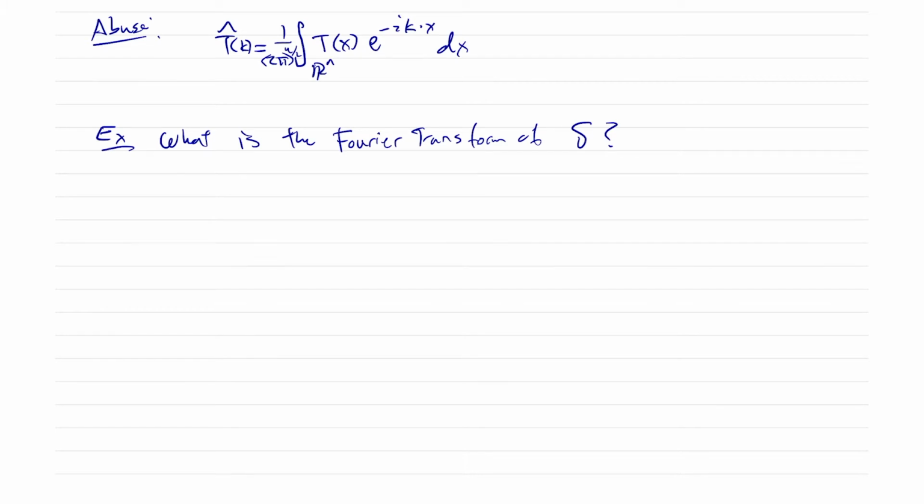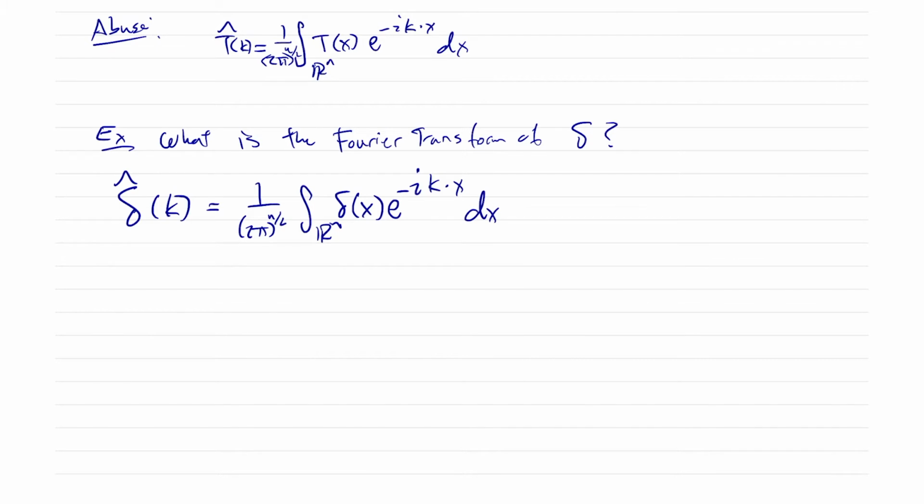And so you can ask, what is the Fourier transform of delta? Well, I'm going to say delta hat at k should be equal to 1 over 2 pi to the n over 2 integral over Rn of delta of x times e to the minus i k dot x dx. Now this is not even a dual for our Schwartz space, because this isn't a Schwartz space function; it doesn't decay, and this is a tempered distribution.